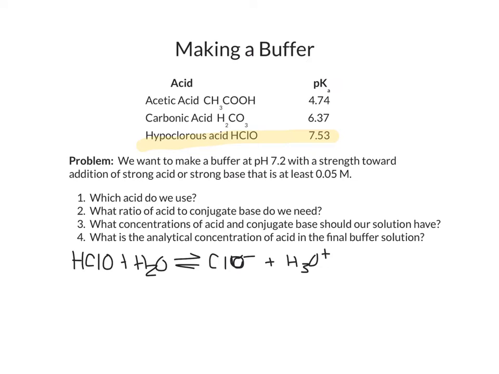And so the Ka expression for that equilibrium is [H3O+] times [ClO-] divided by [HClO].